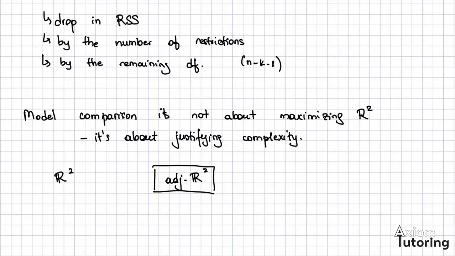So in a sense, the F test, when we do model comparisons, formalizes what the adjusted R square had already suggested. Where does this appear in practice? Model comparison with the F test is used when you're adding control variables, when you're testing functional forms, when you're comparing a baseline model to a more extended model. And you actually see this in empirical papers all the time.